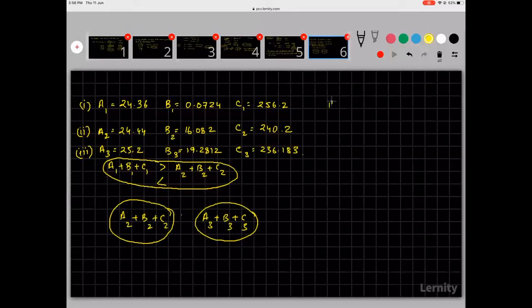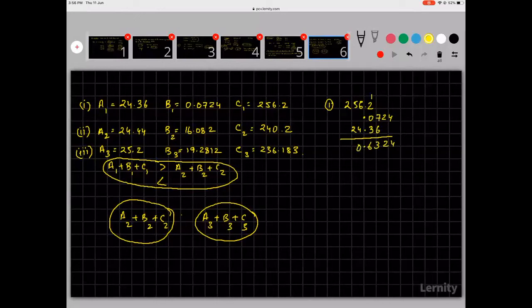So in the first case, when I'm going to add all of them, it is 256.2, then 0.0724, then 24.36. So this is 2, 4, this is 3 here, 1 here, 6 here.